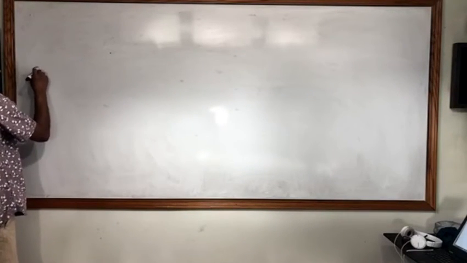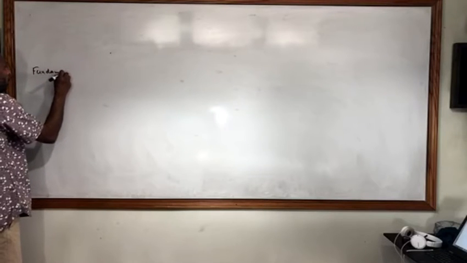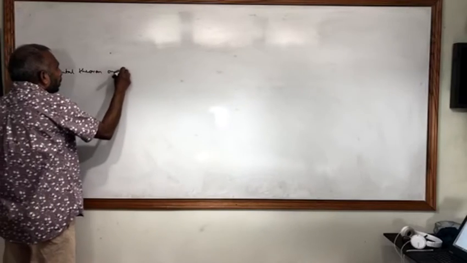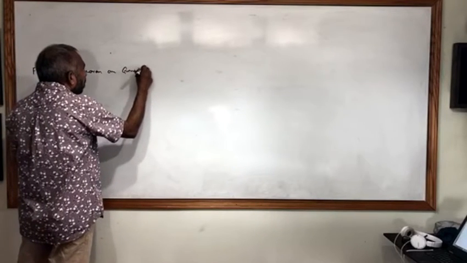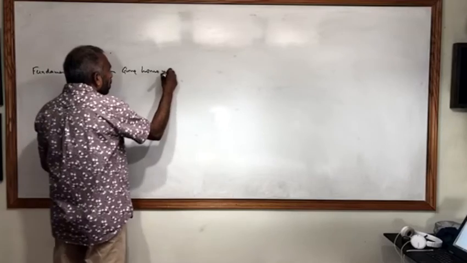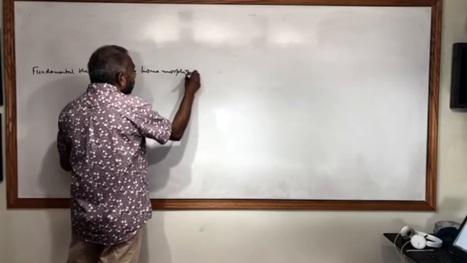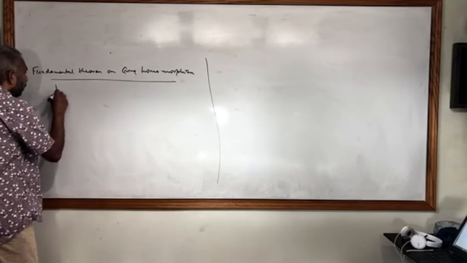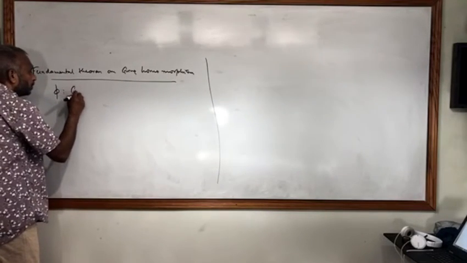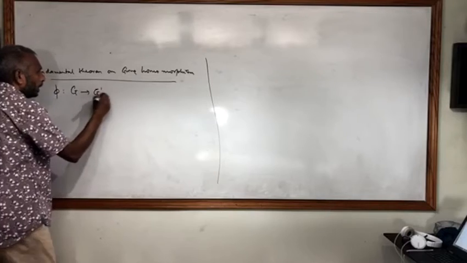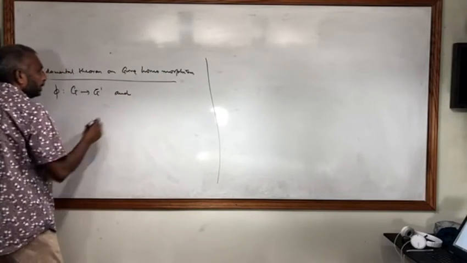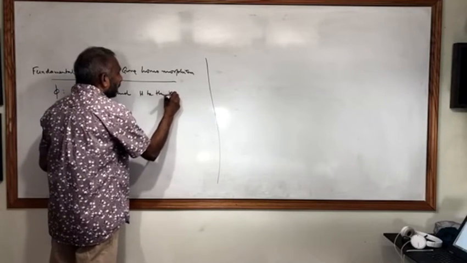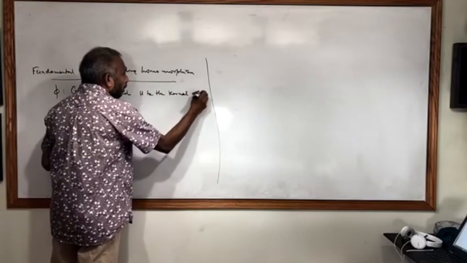The fundamental theorem on group homomorphism. Let phi be a group homomorphism from G to G prime, and H be the kernel of phi.